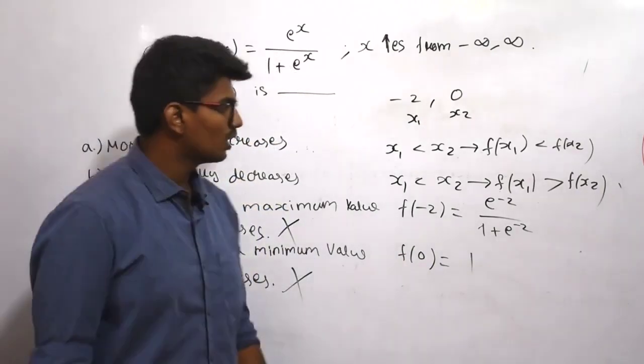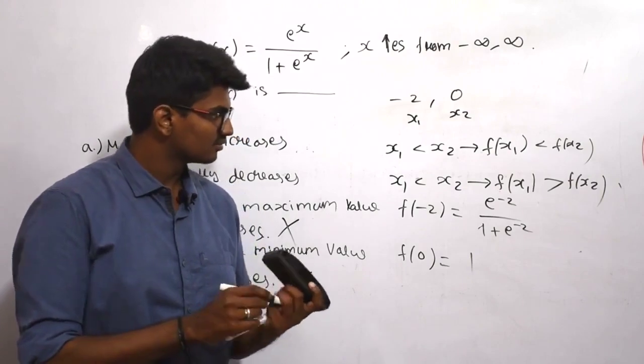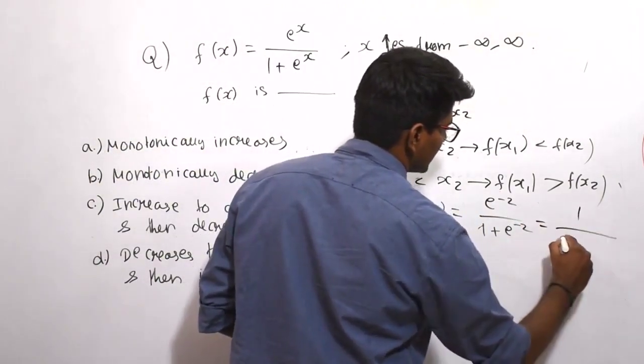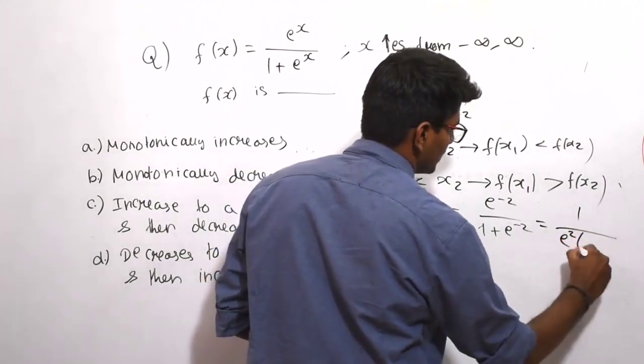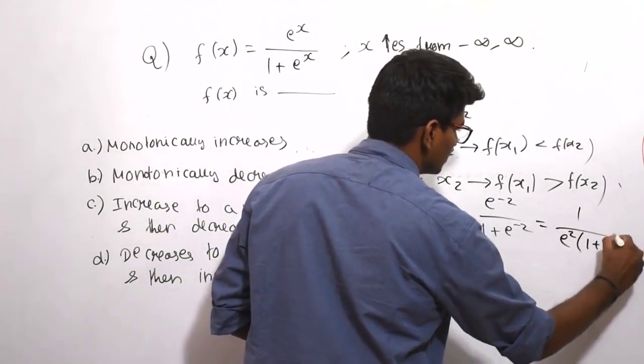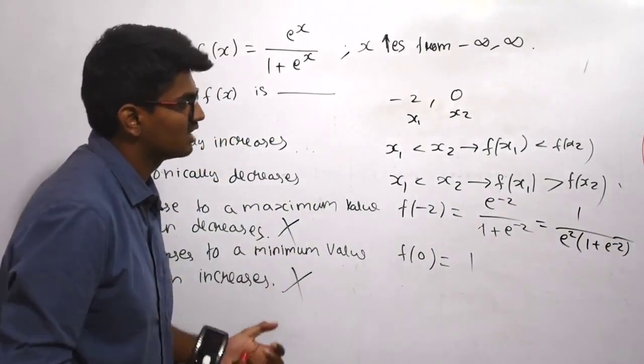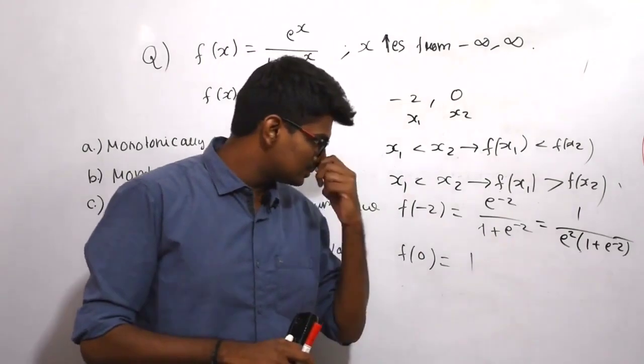So what we can judge from this, you don't have to substitute the value, but if you have a calculator you can substitute and check it out. It's very simple to judge, right?